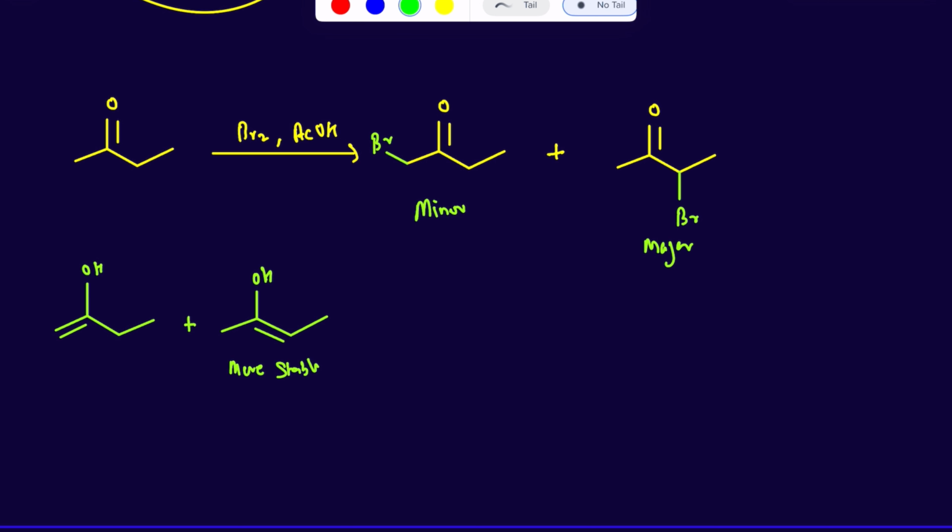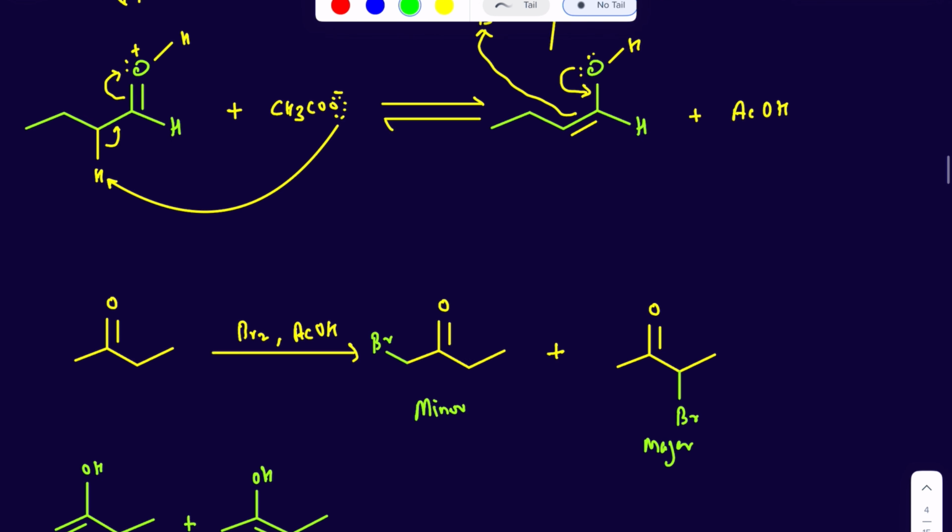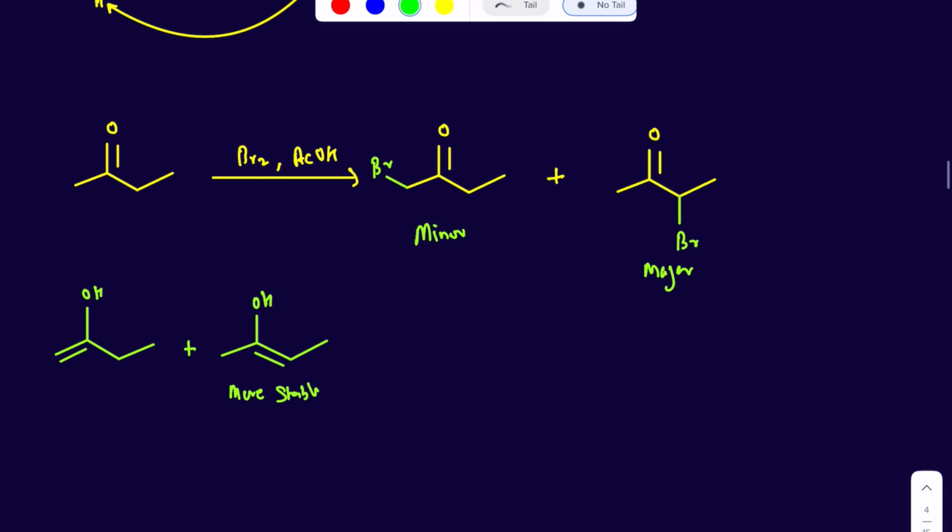So if you run into a situation where you have two positions where the bromine or the halogen can be installed under acidic conditions, you're more likely to go to the side that would be making a more stable enol, or you can say a more substituted side. But a lot of times you may not have to worry about it because, even though you make this as a major product, you still have a little bit of this made, and making a mixture of products is always a bad thing when you're actually doing the synthesis in the lab.